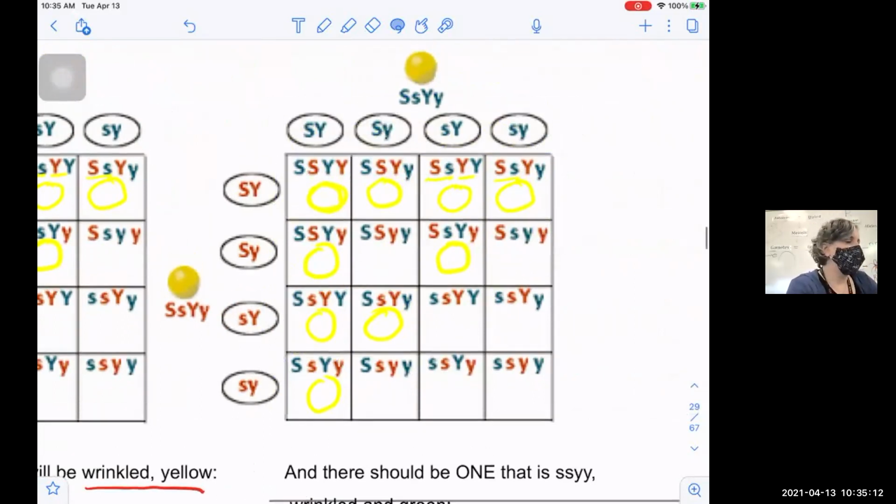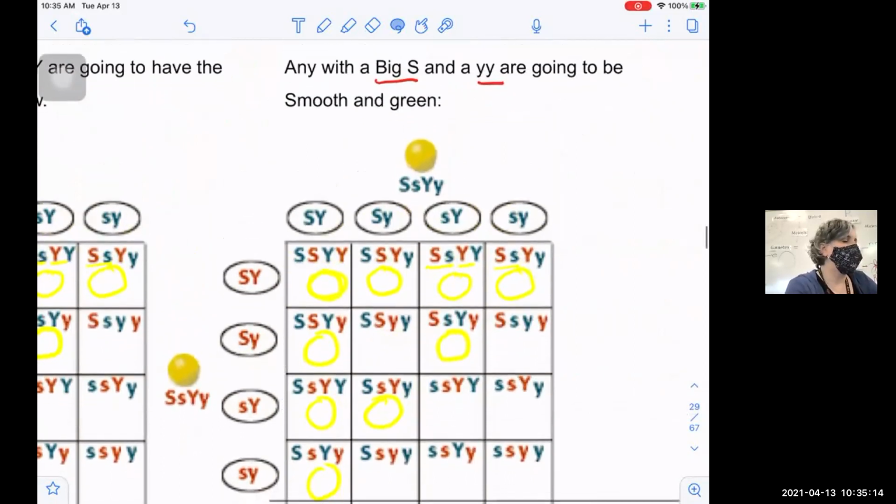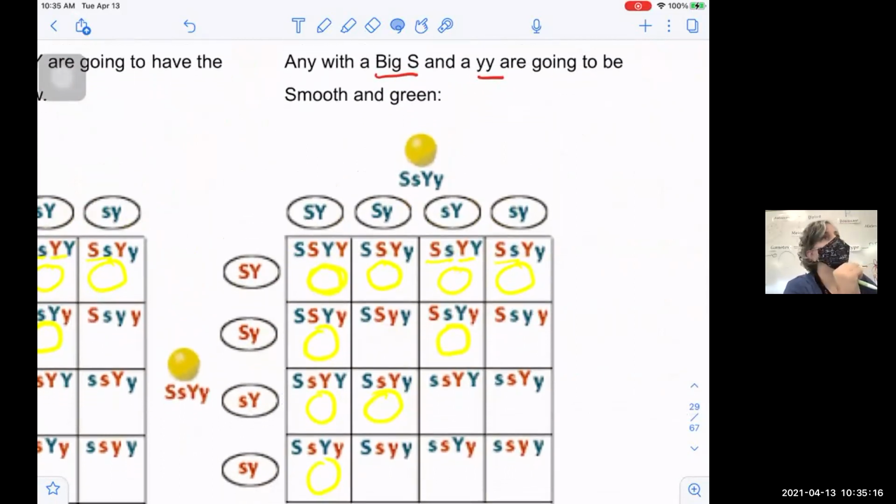And over here, I want you to find all of the peas that are going to be smooth and green. So they're going to have at least one big S, but to be green, they have to be little y, right?